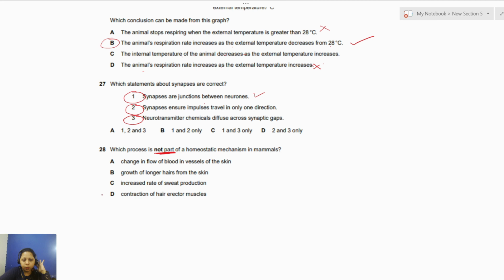It's B. It has nothing to do with the growth of longer hair. When you feel really cold, you would have goosebumps. So contraction of hair erector muscle is correct. It means those pores just got erect. Okay, let's move to the 29th.